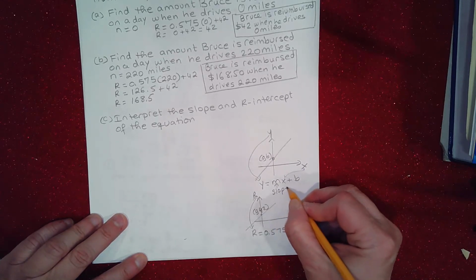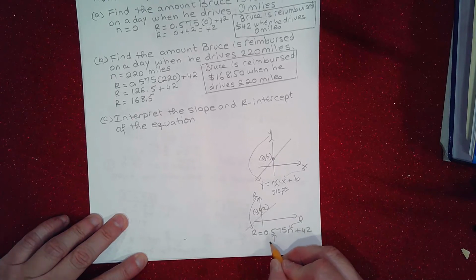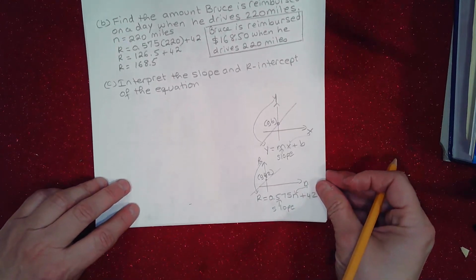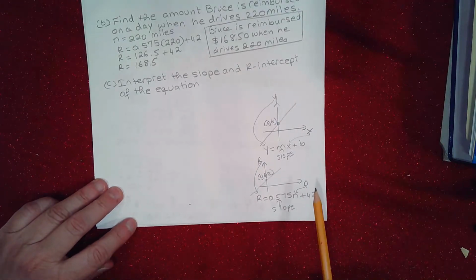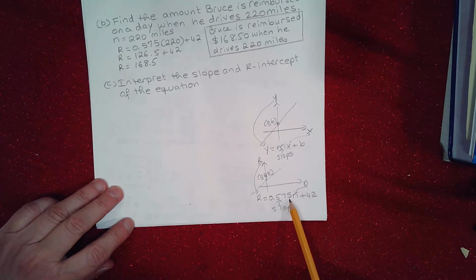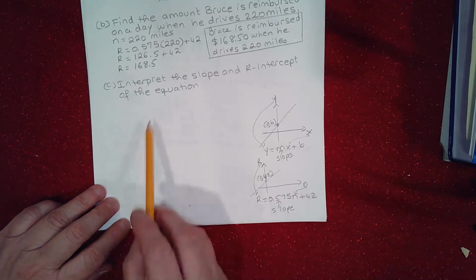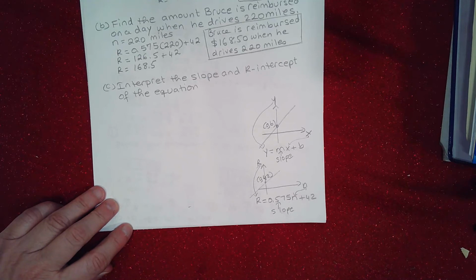So the slope is 0.575 and the r-intercept is 42. Now, how do we interpret them?